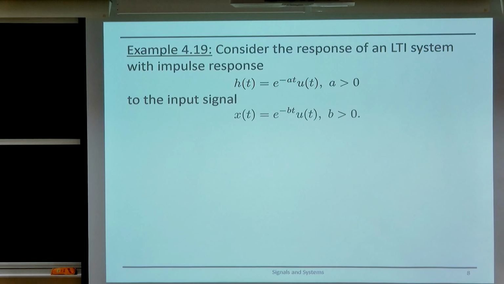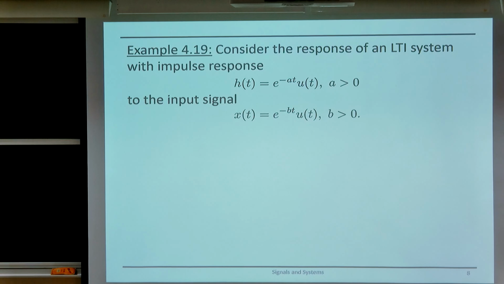Then we can use the convolution property to help us analyze what would be the response, the output, if we are given a particular input, let's say an input x of t, that is also of this decaying exponential form.